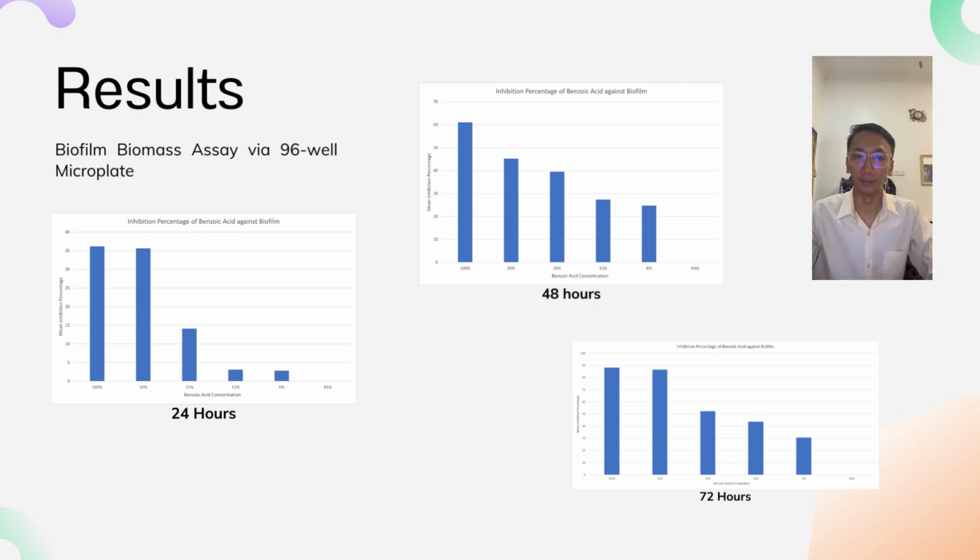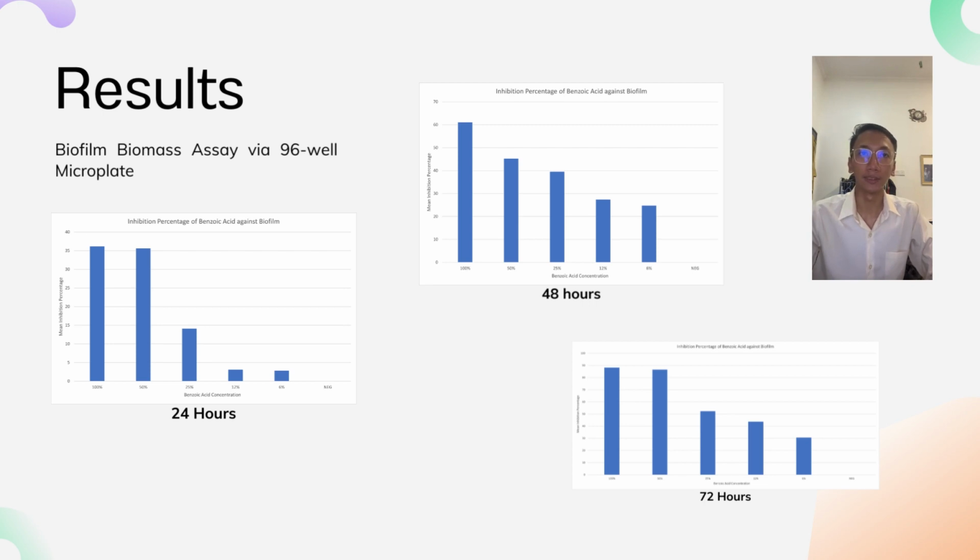All of the graphs indicate a downtrend for percentage of biofilm inhibition as the concentration of benzoic acid decreases. The highest percentage of biofilm inhibition from the graph of 24 hours is 36%, followed by 35%, 14%, 3%, 2%, and lastly 0%.